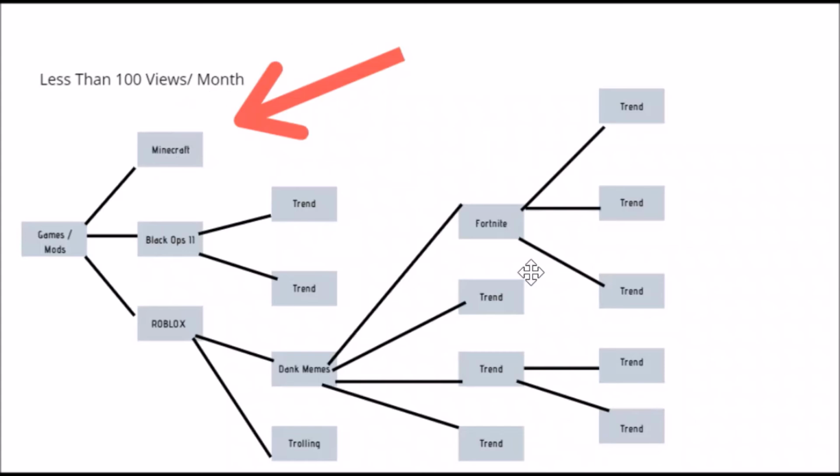Because the more branches you have out, the more options you have, and the more options you have, the more testing you can do, and the more testing you can do, the more viral videos you're going to get. So it all works out in the end. That's really why you want to take the time to revive these old branches right here.